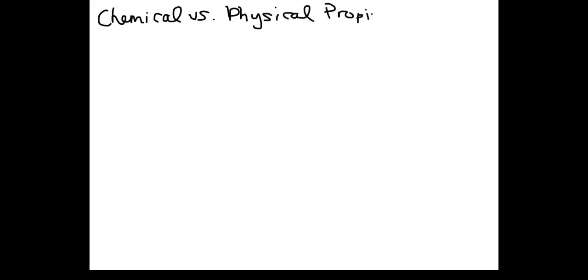So in tandem with this, we also have chemical versus physical properties. And Elliot said earlier that color is physical, and it is. I just said that color change can be indicative of a chemical change, but color itself is a physical property.